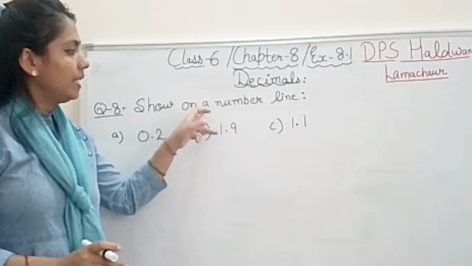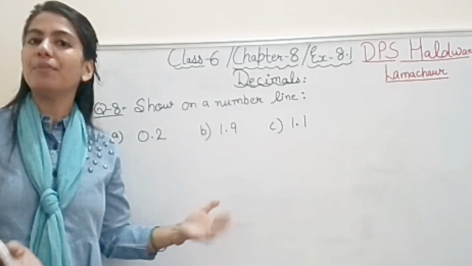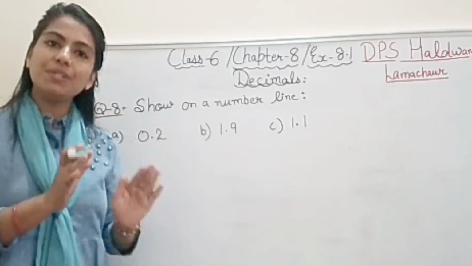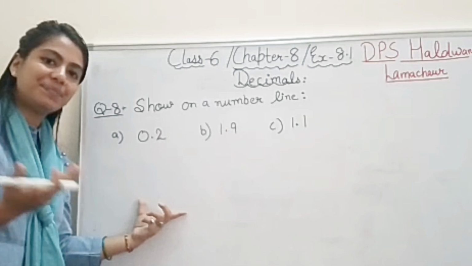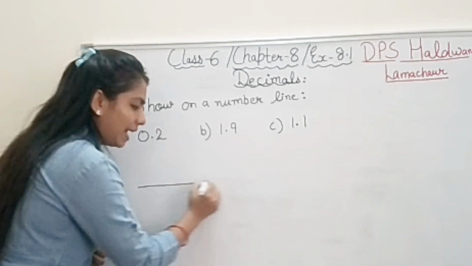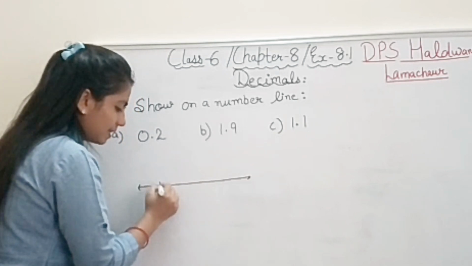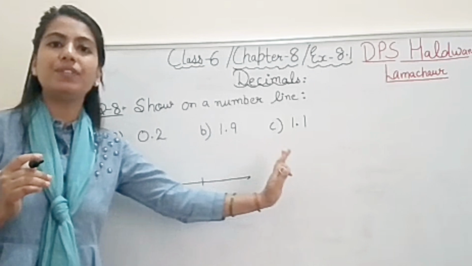Show the given number on a number line. You know, student, we have done the same type of question in question number 7. You just need to show where 0.2 lies on the number line. You will make a number line, and wherever 0 to 1 it lies, 0.2. No need to write the rest of the terms.